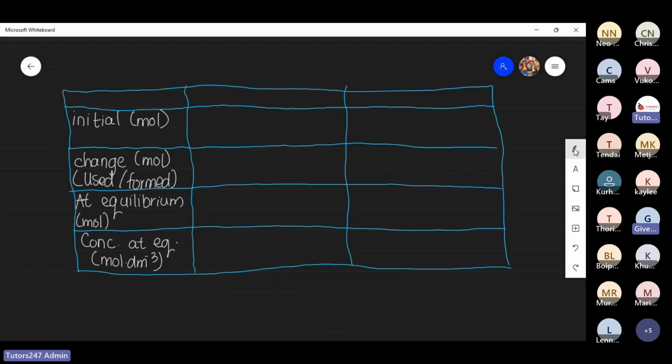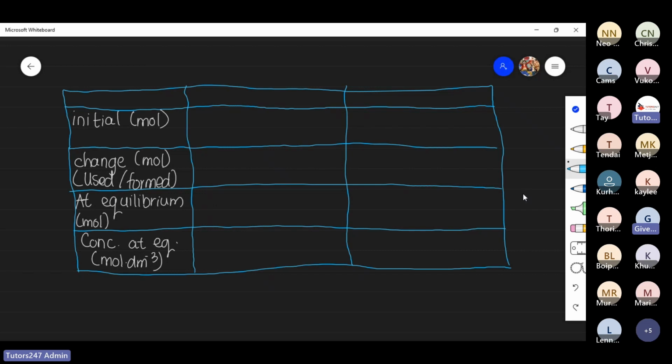Now, we've got our equation, right? That needs to go on top. Our reactants are on the left, our products are on the right. Depending on how many substances you have within your equation, that's how many columns you would have. Because we only have two substances, the iodine molecules and the iodine atoms, we are going to have two columns for our substances.